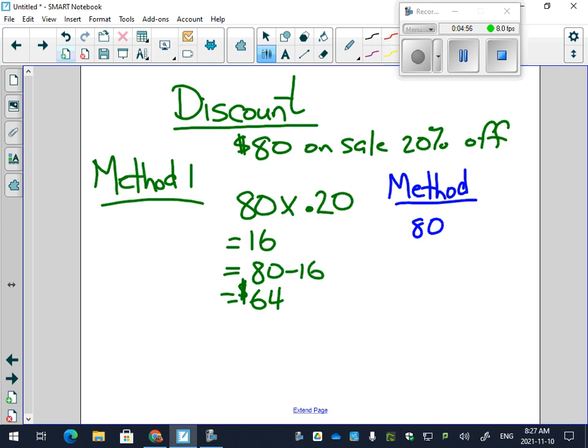So really all we have to do is multiply this by decimal 0.8. If you multiply that by 0.8, that is representing the 80% of the item that we still have to pay for, because we got 20% off as our discount. And then in one step, that will be $64. Method 1 shows your work one step at a time. Method 2 shows that you're thinking deeper into the question and can understand that money is being taken off, so we only need to apply the amount that's being paid for. So I'll do another one, and then we'll do some practice today.